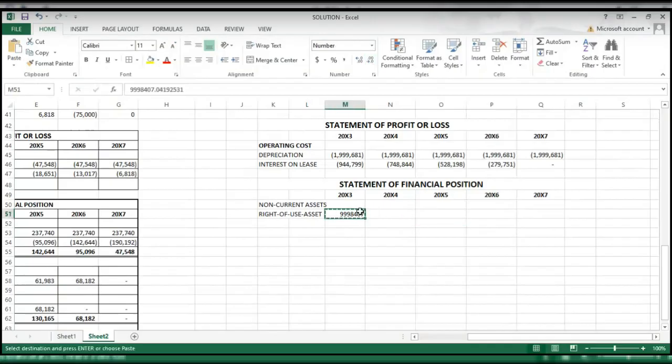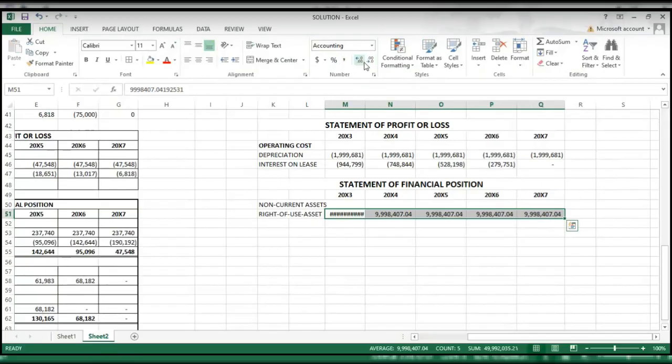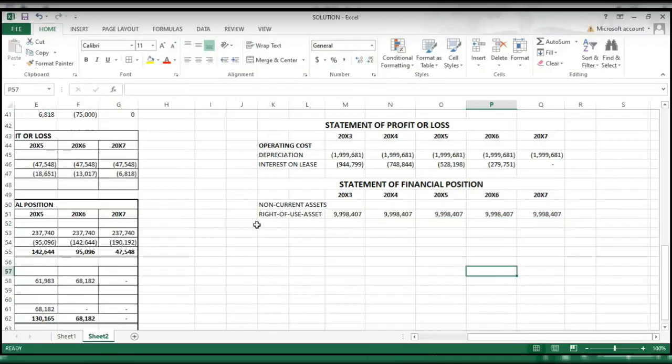That is, we are using historical cost method. And so we have the figure is constant over the life of the asset. So accumulated depreciation is going to be the depreciation we charge every year.